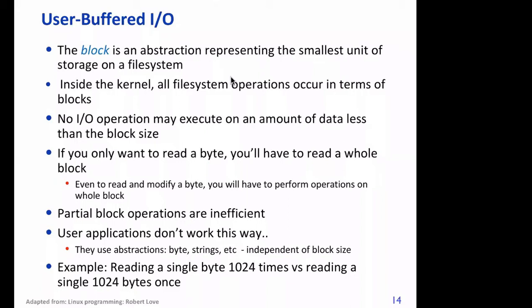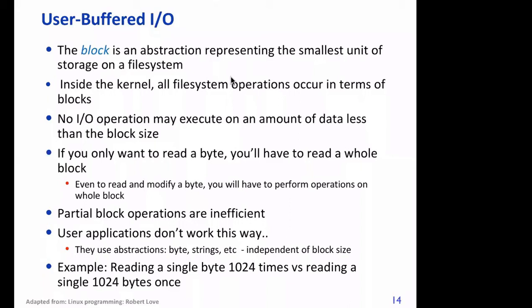So the minimum transfer unit from the disk to the higher layers, which is the OS that sits on it, is a block. A block is an abstraction representing the smallest unit of storage on a file system. A block consists of a number of bytes, but the disks are designed in such a way that the minimum unit that can be transferred is a block.